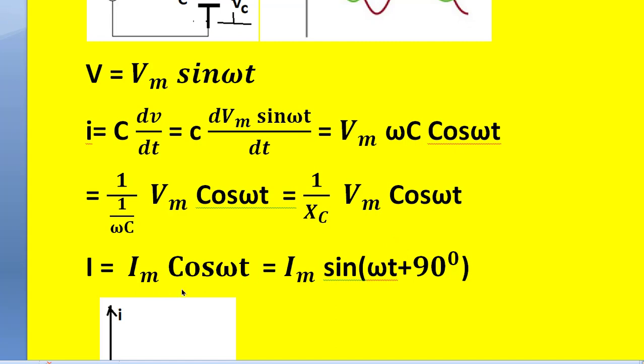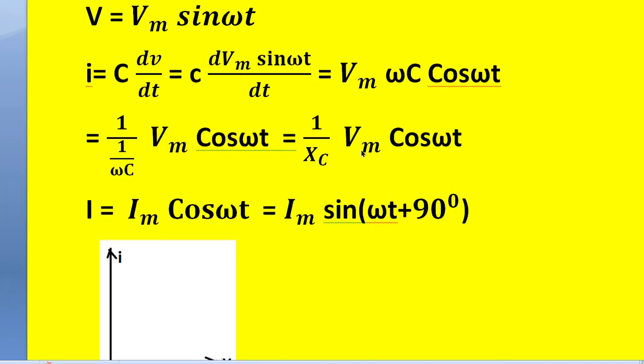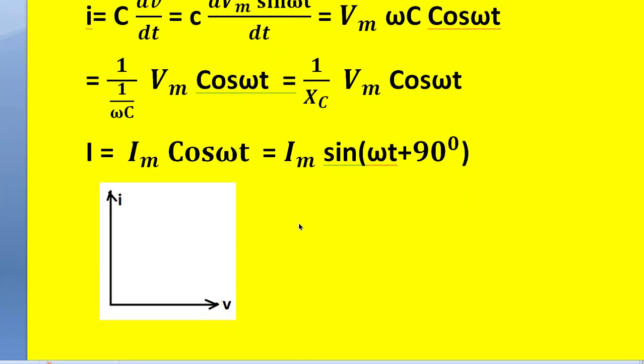So this cos we can represent in terms of sine like this: Im into sin of omega t plus 90 degrees. If you look at these I and V waveforms, this I is leading the voltage by 90 degrees, means the current starts first, then the voltage waveform starts next.